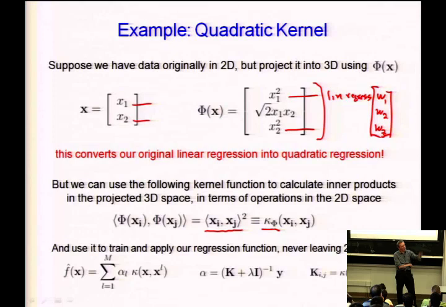And if we went back through and re-derived it by everywhere we had x putting phi of x, then the derivation would look pretty much the same, except that everywhere we had the dot product of two training examples, we'll now have the dot product of phi of example 1 and phi of example 2.